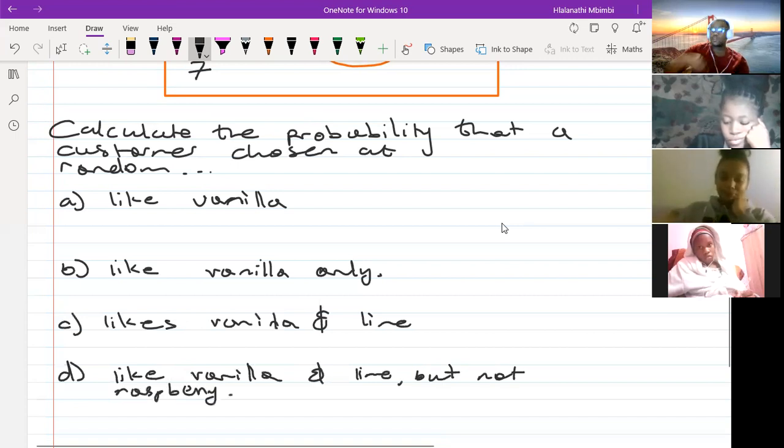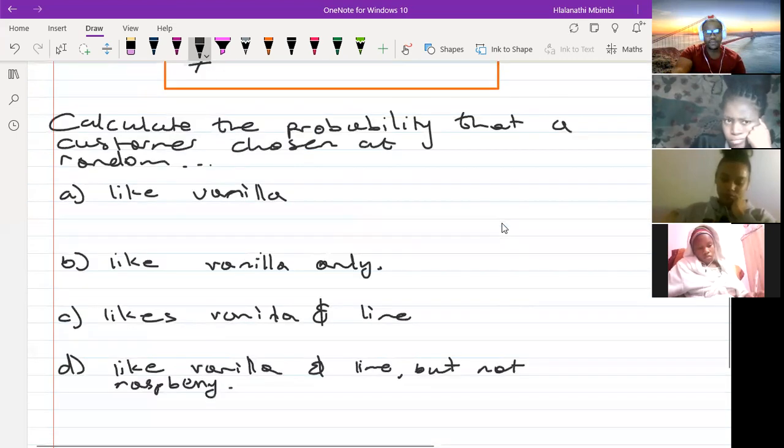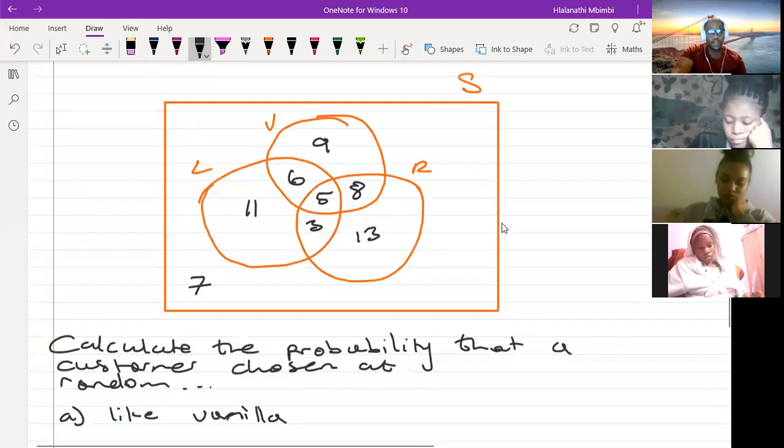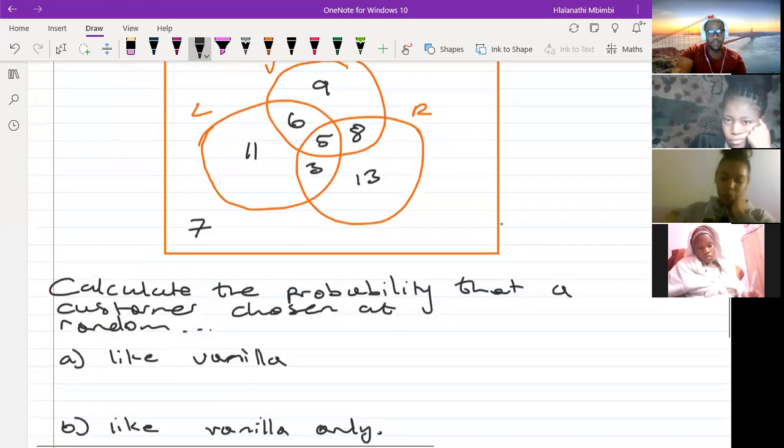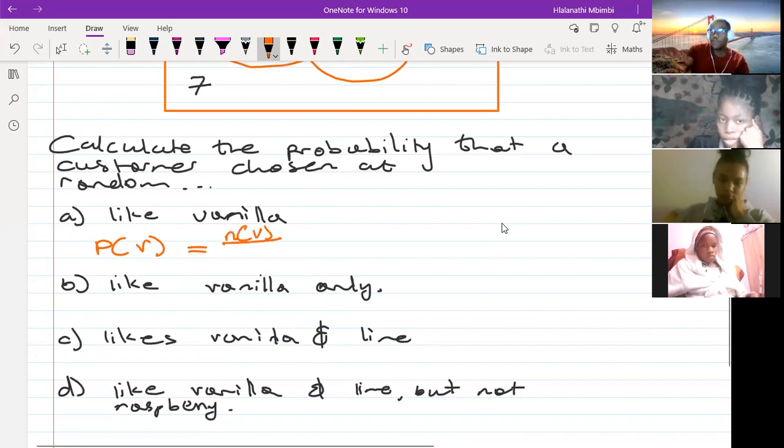So do you see, we can ask all these questions. Let me see if we can answer the first few. For the one who likes vanilla, we're looking at the probability that the person likes vanilla. We don't care if they like other things, we just care whether they like vanilla. That would be the number of vanilla over the whole sample space.